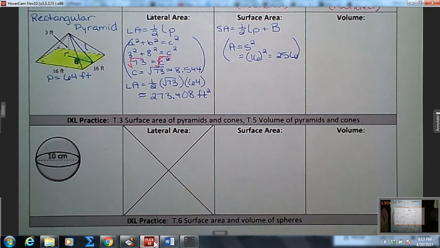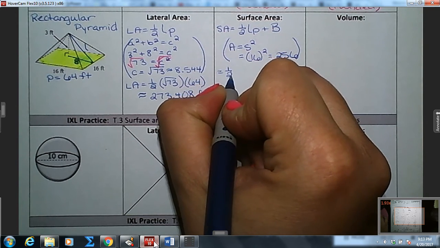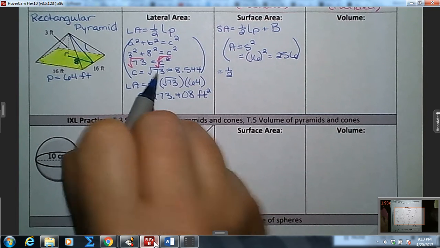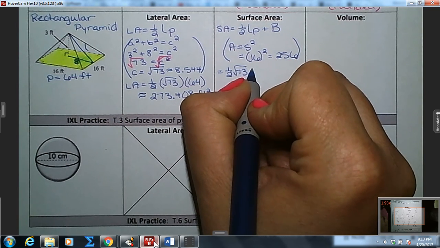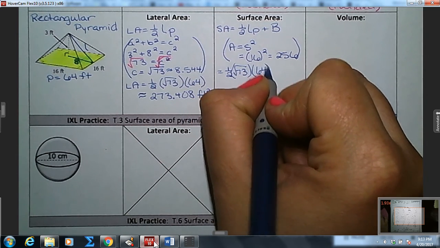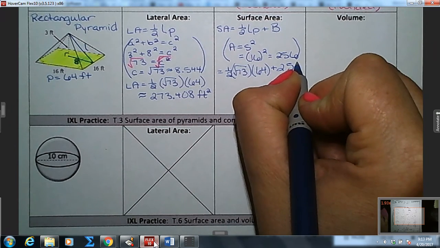Now I know what I can plug into the capital B. 1/2 the slant height we found as the square root of 73 times the perimeter, 64, plus the base area we just found of 256.